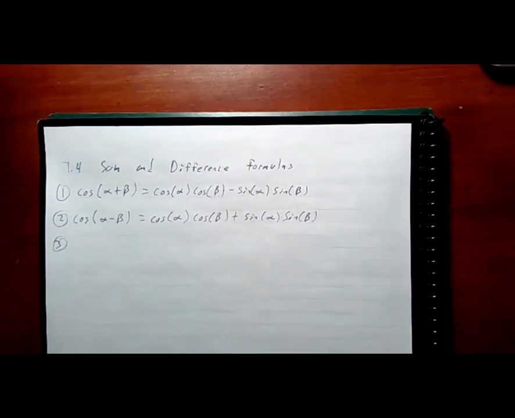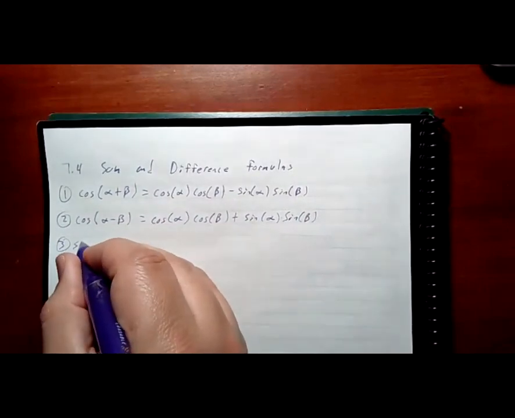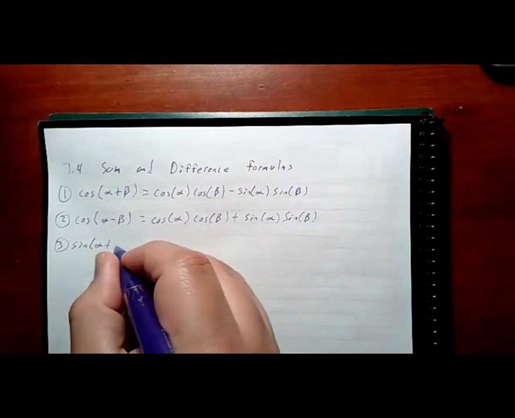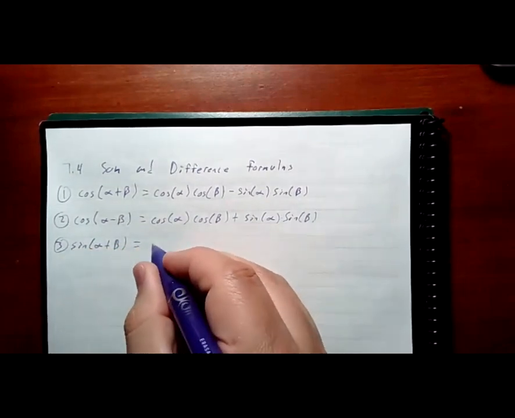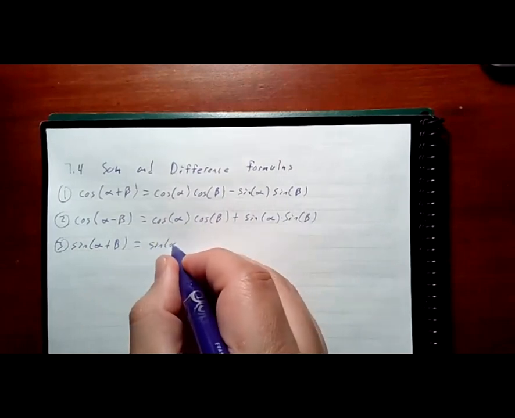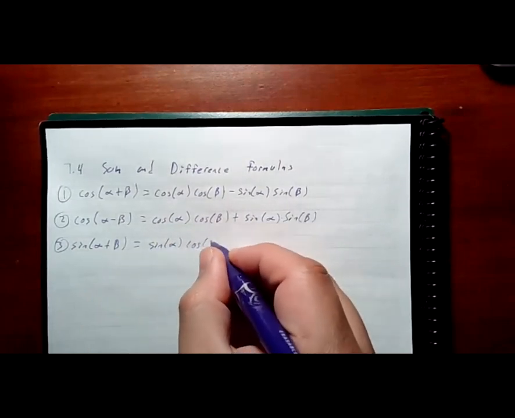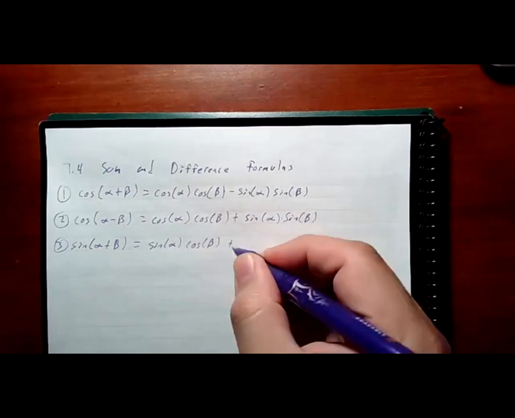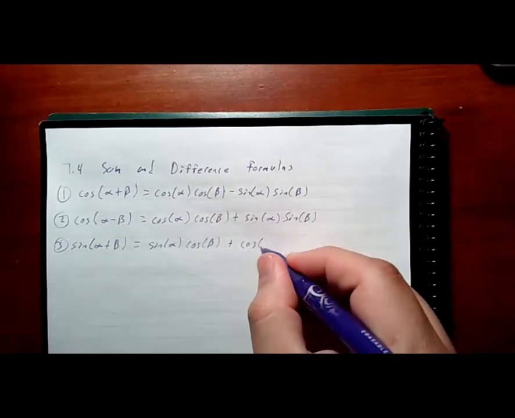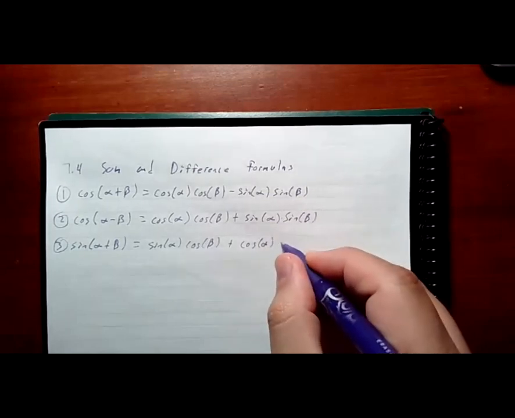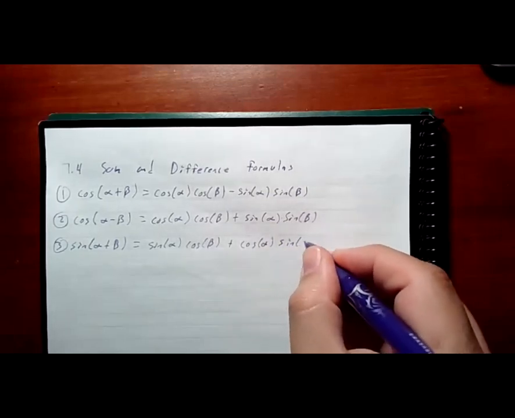Number 3, sine of alpha plus beta is equal to sine alpha cosine beta plus cosine alpha sine beta.